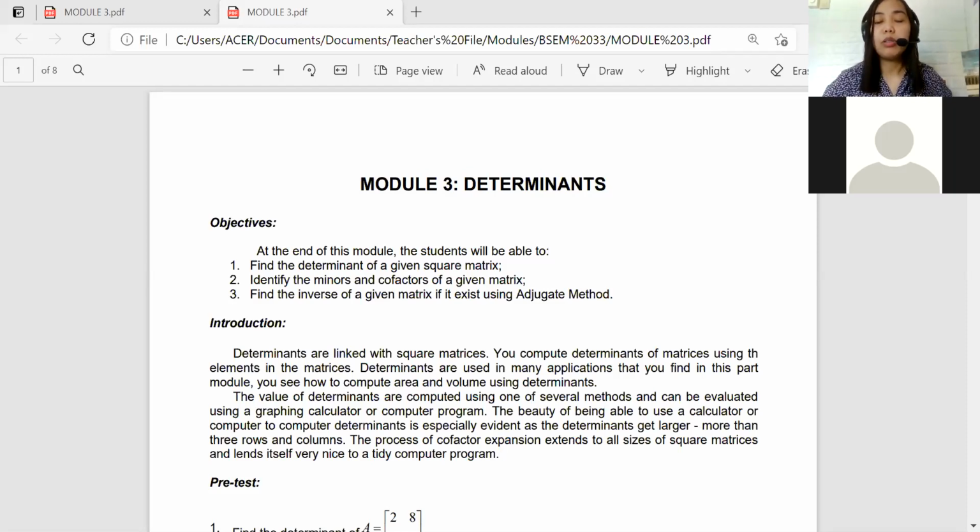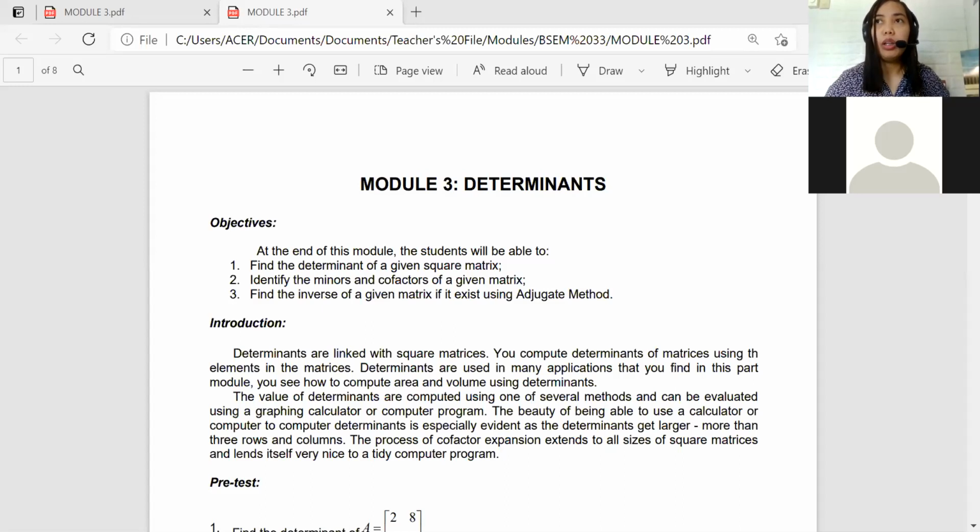The value of determinants are computed using one of several methods and can be evaluated using a graphing calculator or computer program. The beauty of being able to use a calculator or computer to compute determinants is especially evident as the determinants get larger, more than 3 rows and columns. So we can also get determinant of 4 by 4, 5 by 5, up to n by n matrices.